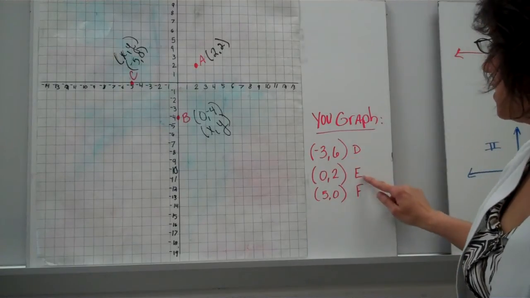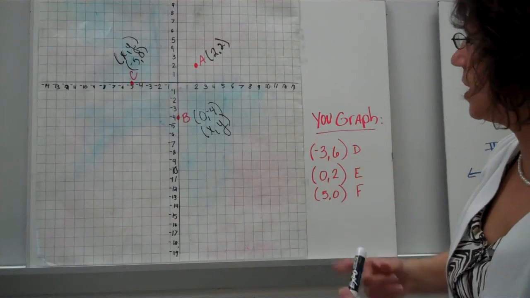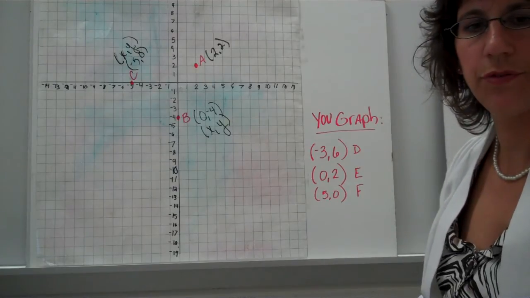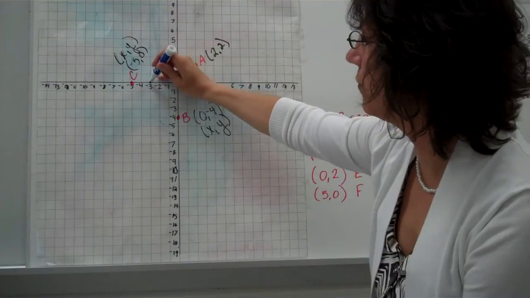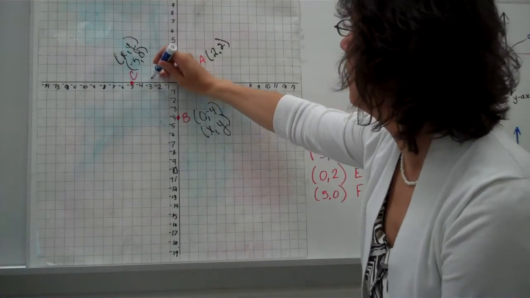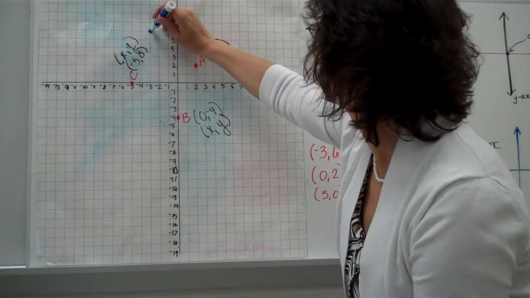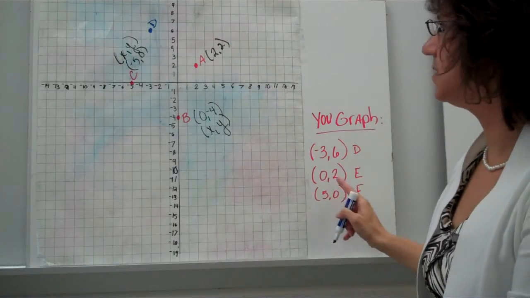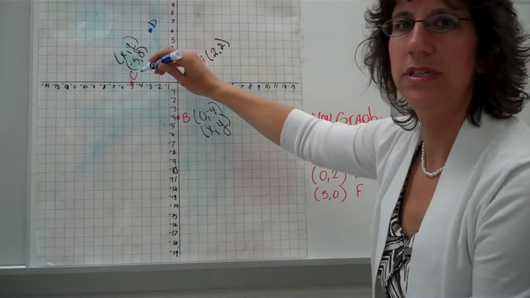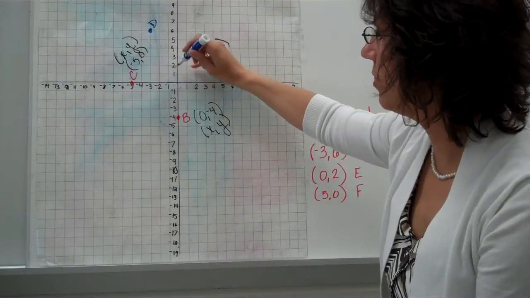Alright, we're doing D, E, and F. D is at -3, 6. So I'm going to go, starting at the center, I'm going to go over to -3 first, and then up to +6. Here's where you should have D. E is at 0, 2. So I'm going to go 0 first, and then 2.